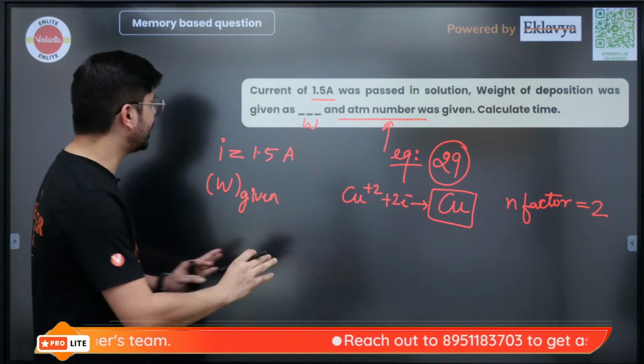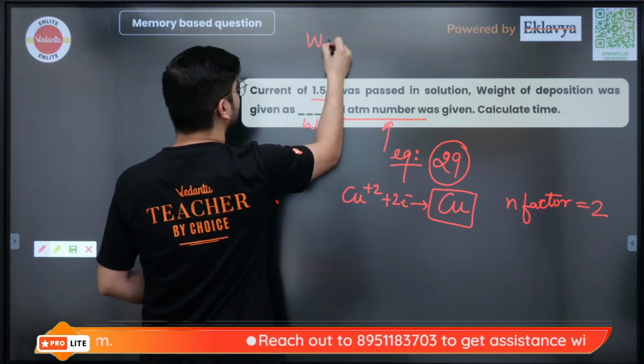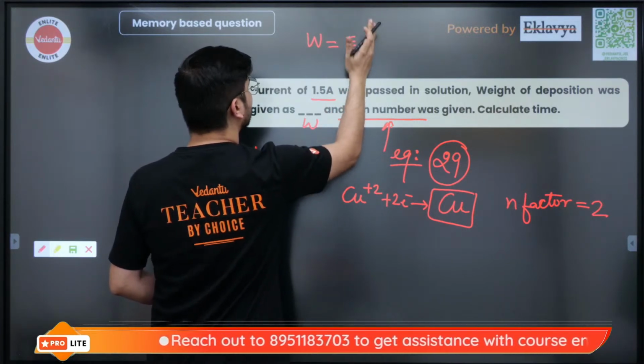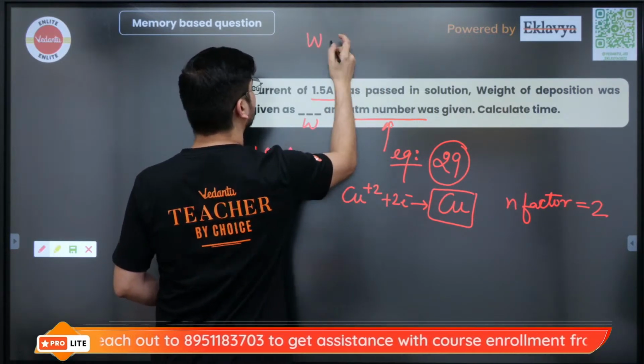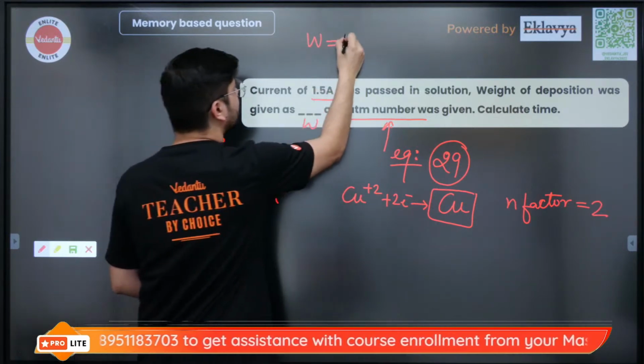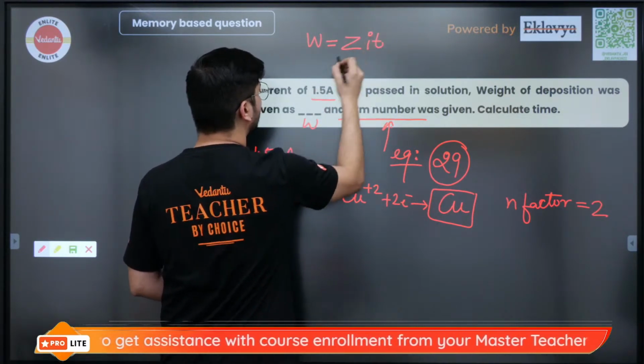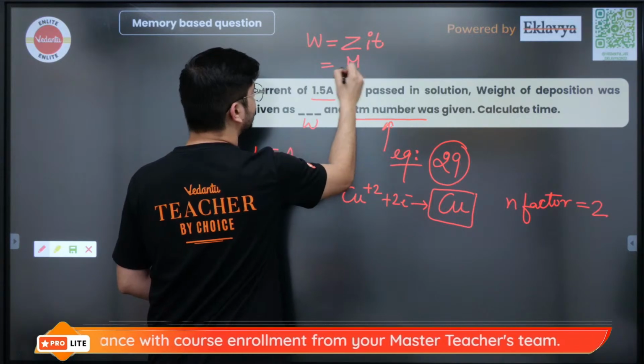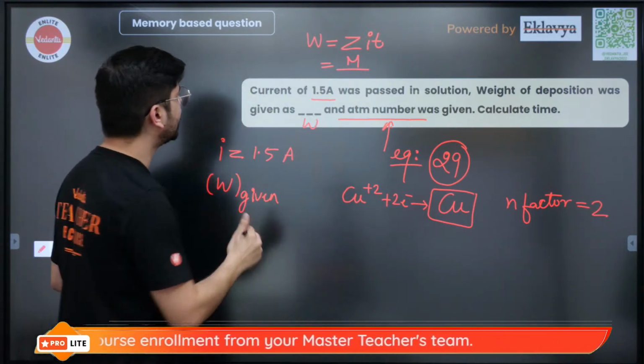So I would have applied W is equals to ZIT, and what is Z? Molecular weight upon F n factor.